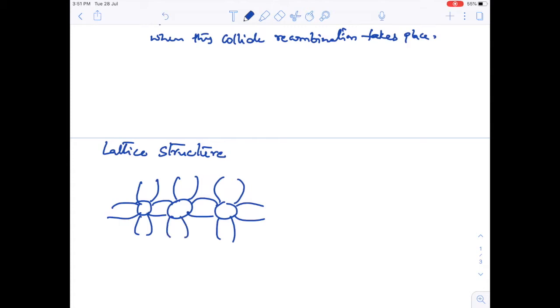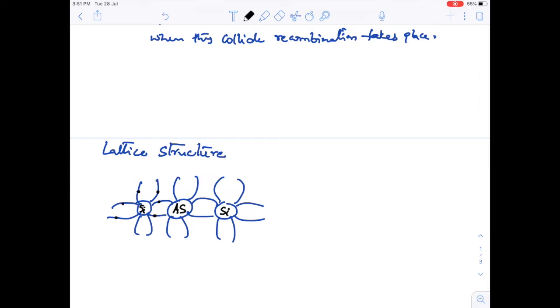Now, let us represent this. Here, let us say I take arsenic, one atom is added, and neighboring I have silicon. Then I have these electrons which are strongly bonded.